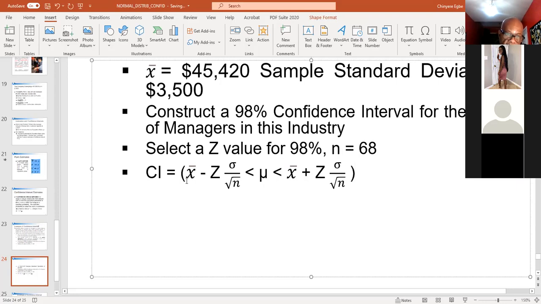So on the left side will be X bar minus Z times sigma over root n, and on the right side will be X bar plus Z times sigma over root n. This is pretty simple.